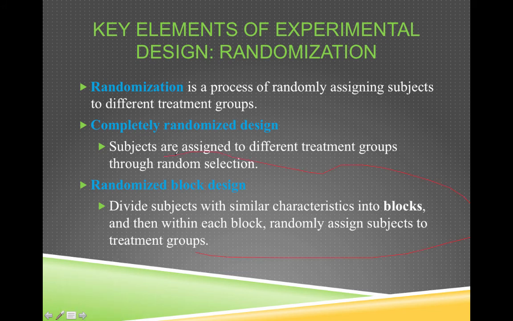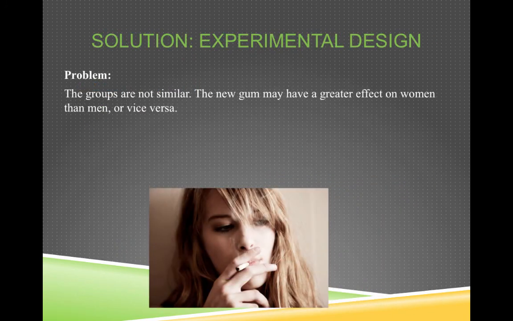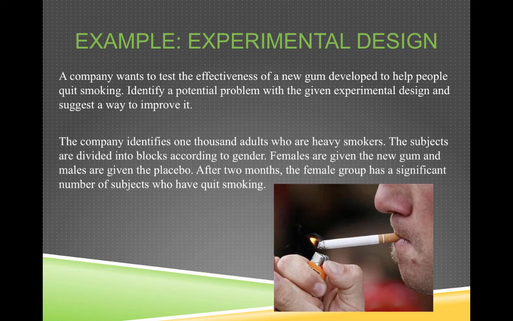Let's focus right here, guys. What are we going to do? We're going to divide subjects with a similar characteristic into blocks. Well, in our experiment with the smoking example, we do that. We have males and we have females. And then within each block, randomly assign subjects to treatment groups. And so for our example to be a good experimental design, we would need girls where some do use the gum and some do get a placebo.